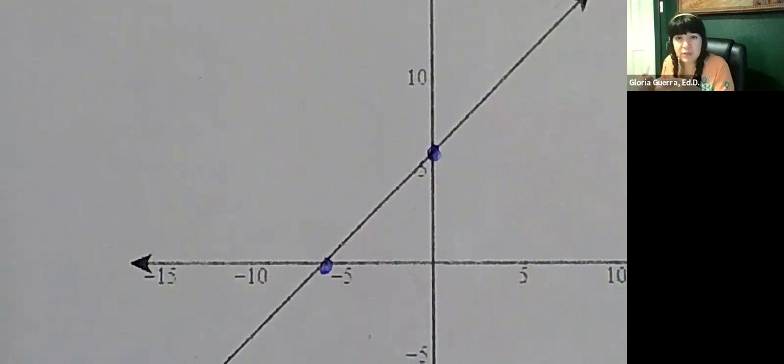I hate how the little lines aren't showing up, but these are 2 good points that you can readily identify, and they look like they intercept right at integer coordinates.